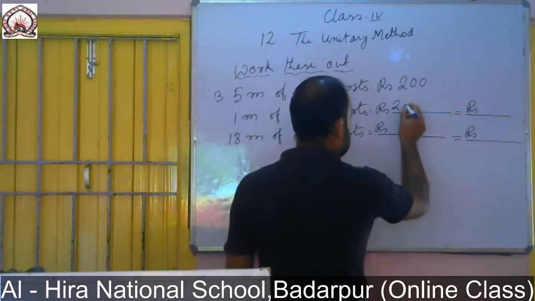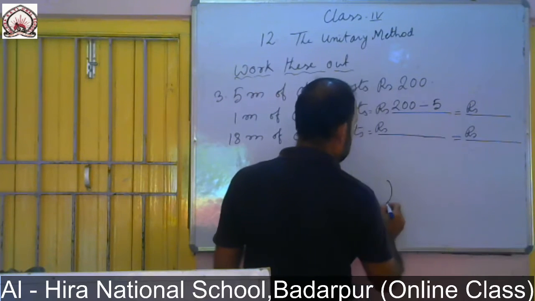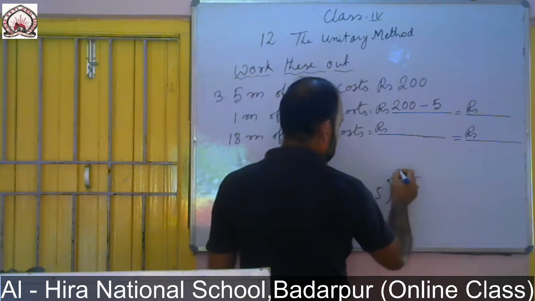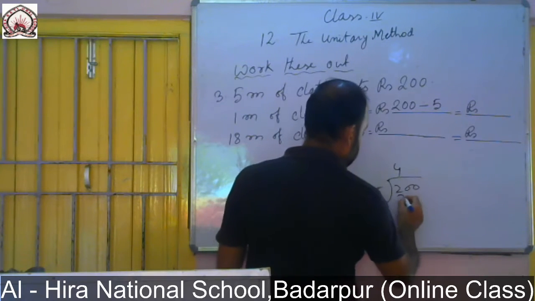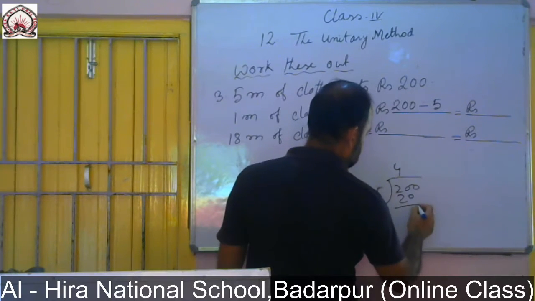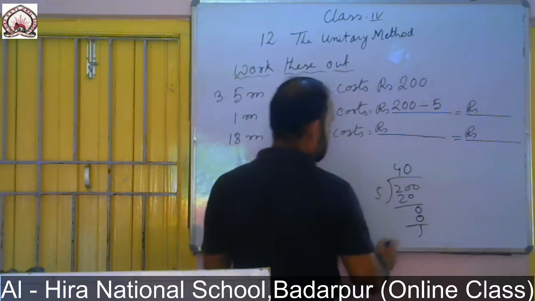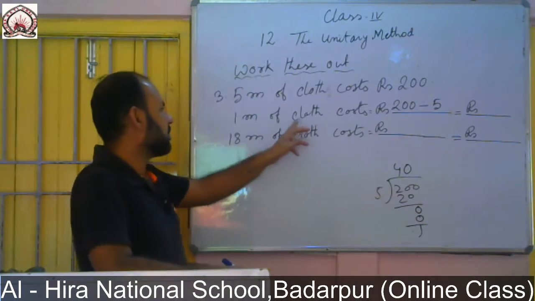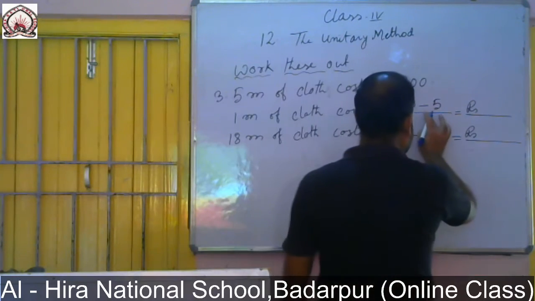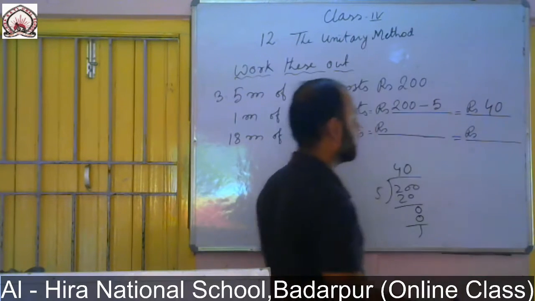If we divide 200 by 5, 5 fours are 20, remainder 0. So the answer is 40. So 1 meter of cloth costs rupees 40.